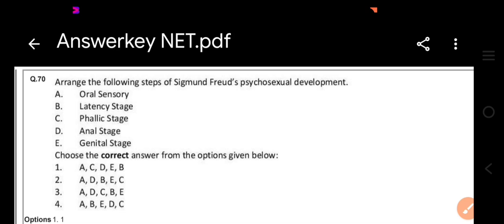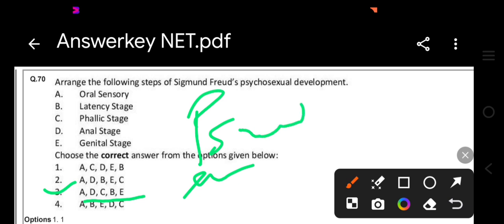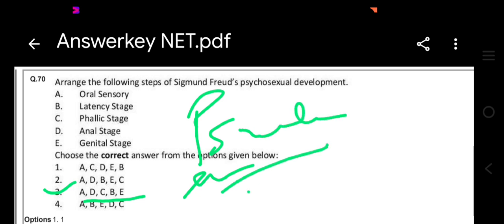Oral, then anal, that means AD, and then phallic stage, ADC. So ADC is the right answer. You can easily understand here. Last comes the genital stage. It is important to understand the psychosexual stages given by Sigmund Freud.